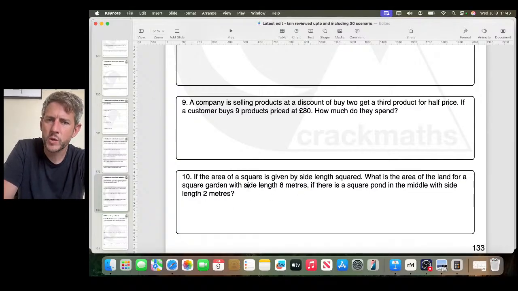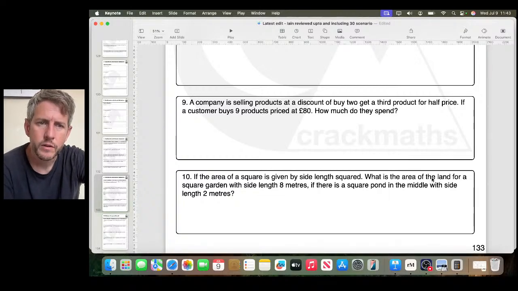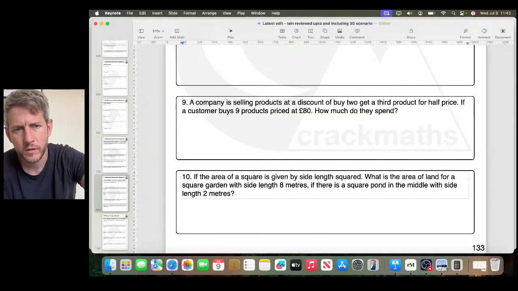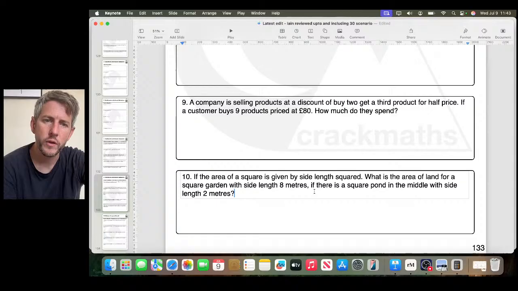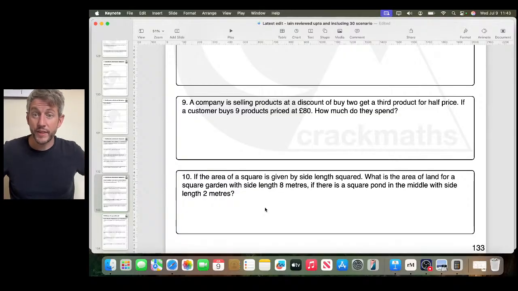If the area of a square is given by side length squared, what is the area of land? What is the area of land for a square garden with side length 8 meters if there is a square pond in the middle with side length 2 meters? Yes, I'm happy with that. Let's read that once more.